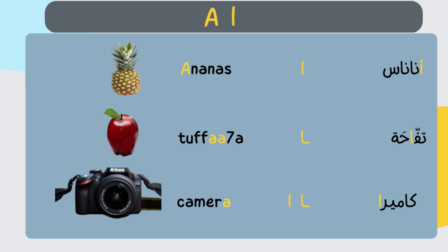And this seven here, we pronounce it ha. Ha. We will be talking about this later, but for now, just try to pronounce it ha. Tufaha. Then the Arabic. Tufaha. Third word, your turn.